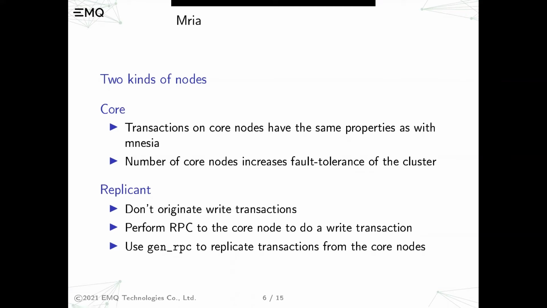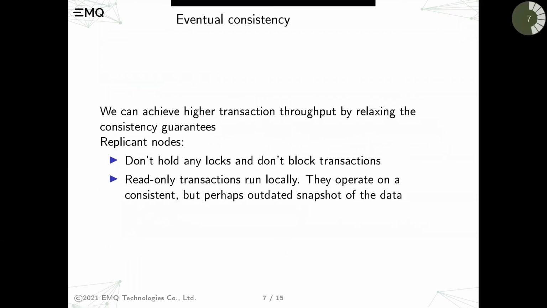They don't originate write transactions directly. Instead, they do an RPC to one of the core nodes to do a write transaction for them. Then we use gen_rpc transport to replicate the transactions asynchronously from the core nodes. This brings eventual consistency into the Mnesia cluster.